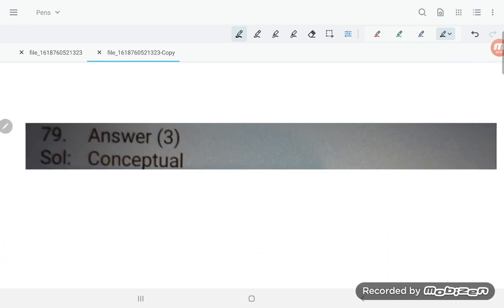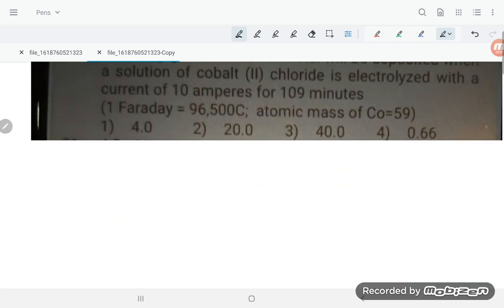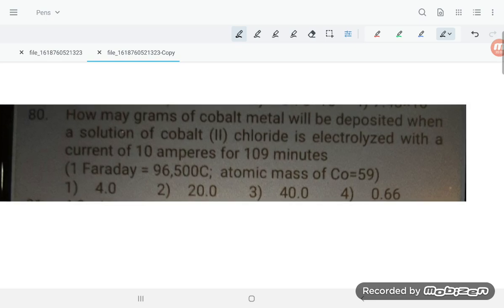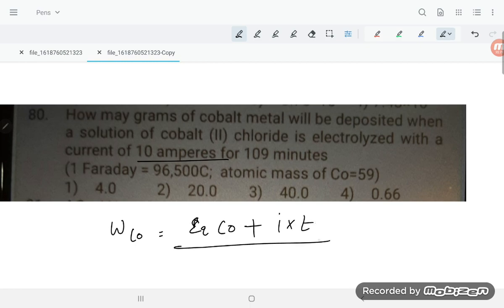Okay. Now let us move on to the next problem. How many grams of cobalt will be deposited when cobalt chloride electrolyte is electrolysed with a current of 10 ampere? So W of cobalt they are asking. So we should know the equivalent weight of cobalt. Then W is equal to I into T into equivalent weight upon 96,500.